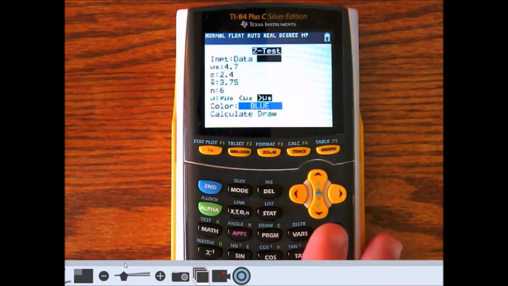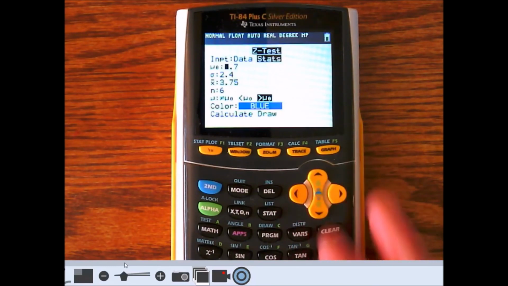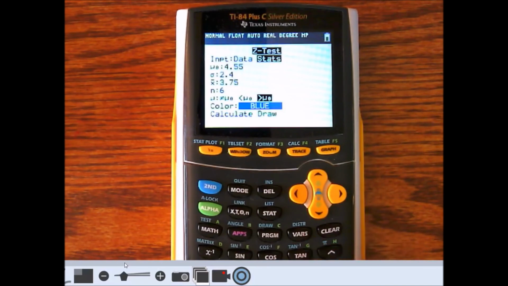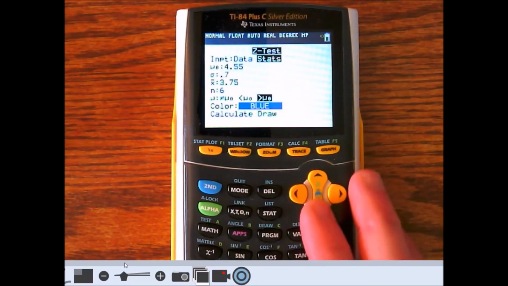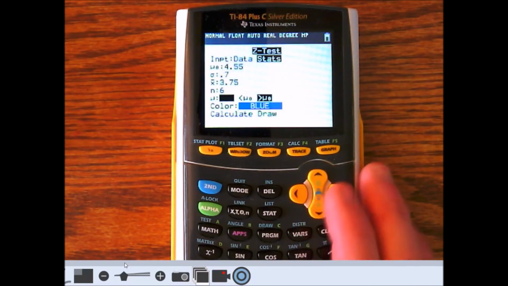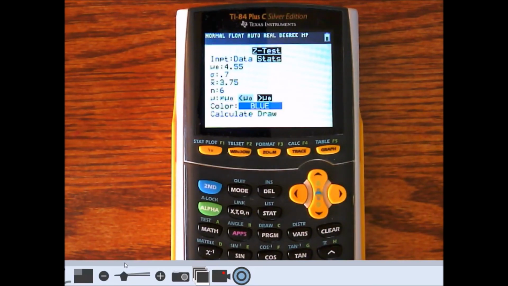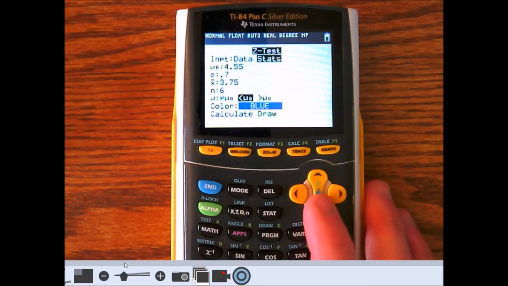All right, so we are comparing it to 4.55. The standard deviation was 0.76, and we are checking to see is it less than 4.55.